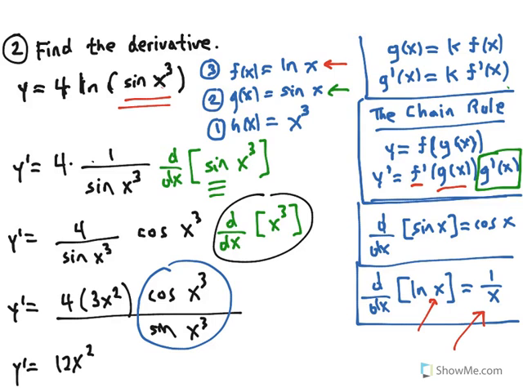You can notice that we have cosine of x cubed over sine of x cubed. The arguments of these two functions are the same, and cosine over sine is cotangent. So I could write cotangent of x cubed here, and that would be my answer for number 2. 12x squared times cotangent of x cubed.